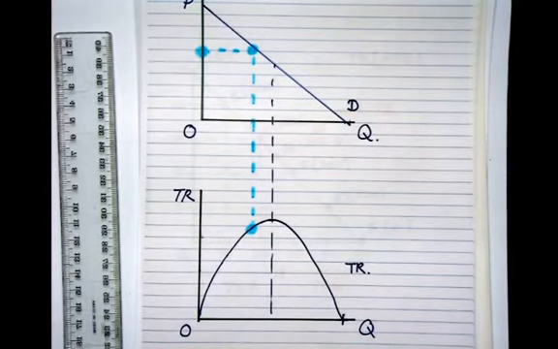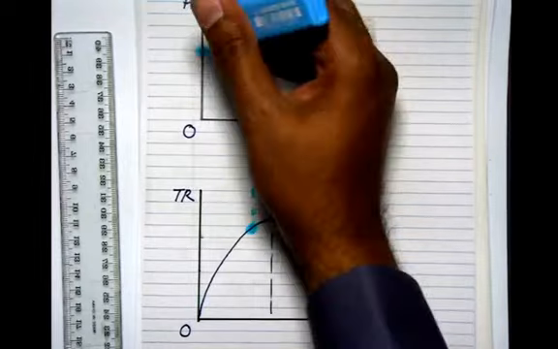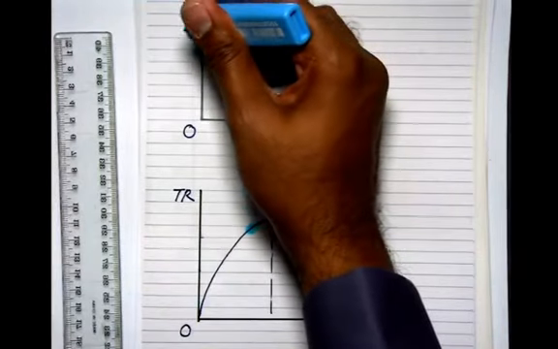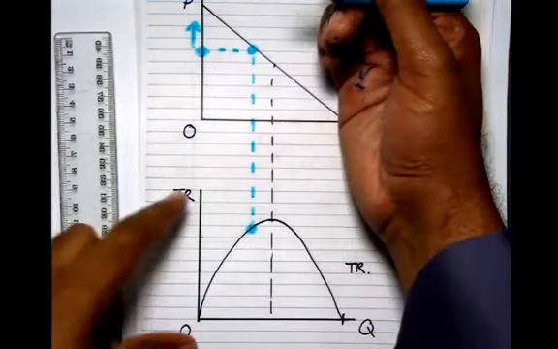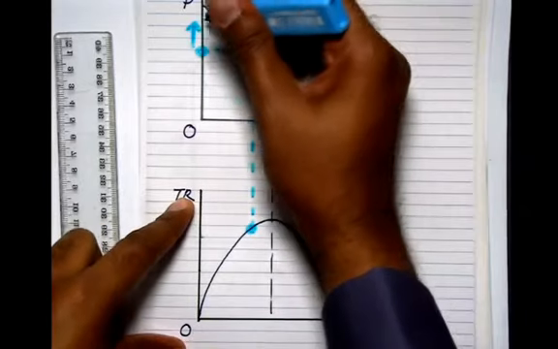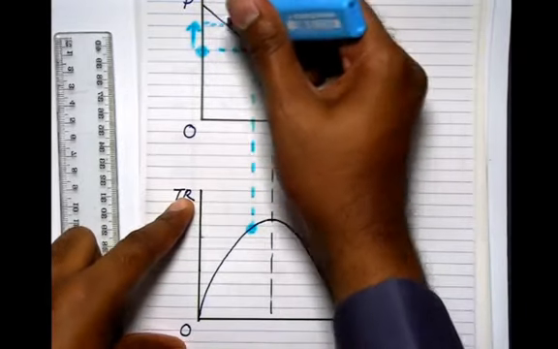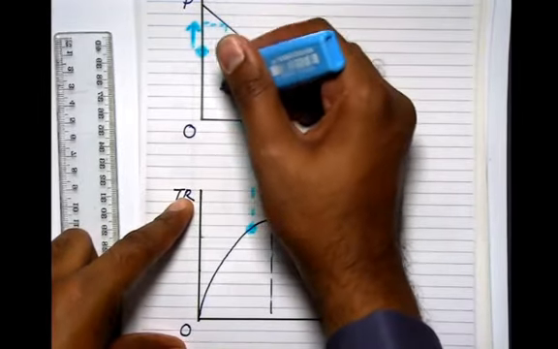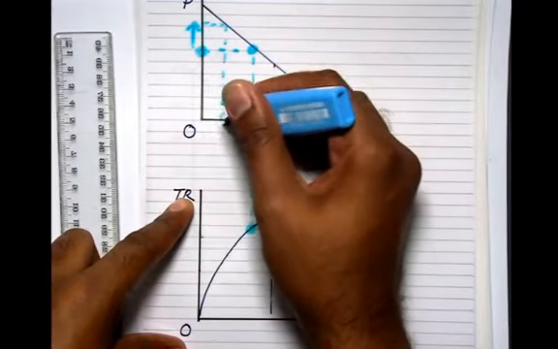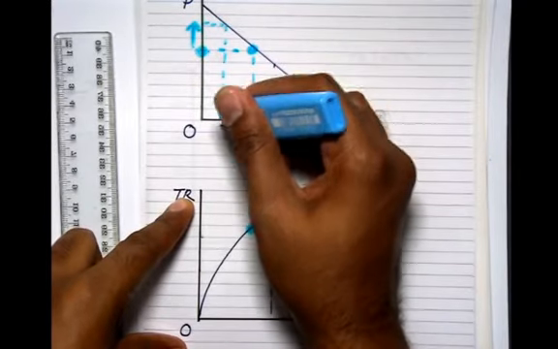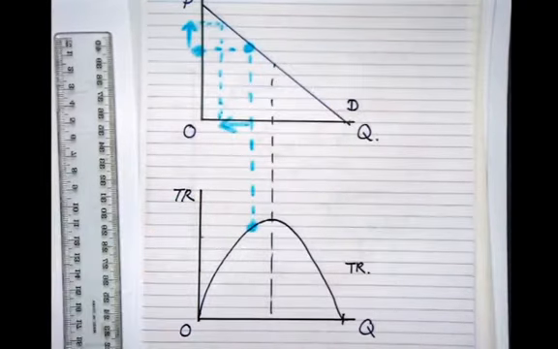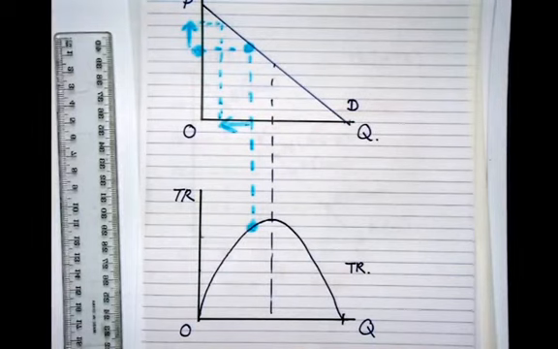I'm on the elastic side. Look what happens if I increase the price. If I increase the price on the elastic side, what happens to the quantity? According to the law of demand, if you increase the price, the quantity will go down.